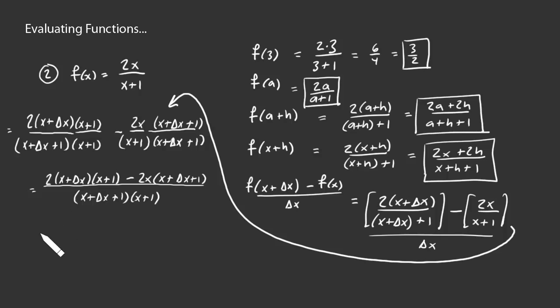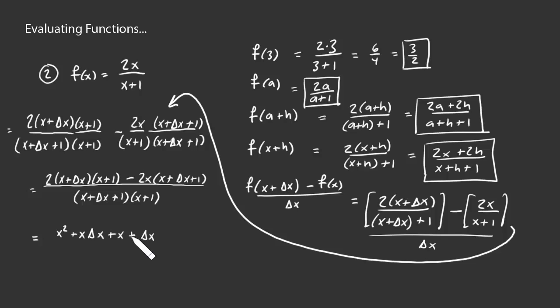Now, if we try to simplify this, we could, I guess, expand the top. That's going to give us, let's see, this product here would be x squared plus the inner product, x delta x, plus the outer product of x, plus the product of the two last terms, which is 1 times delta x.